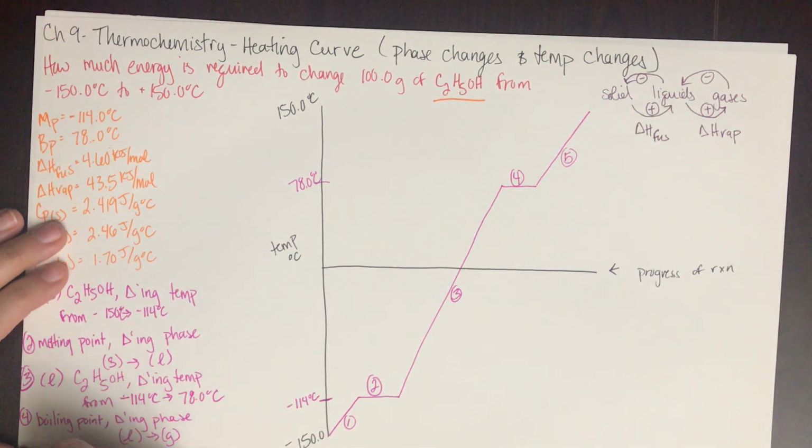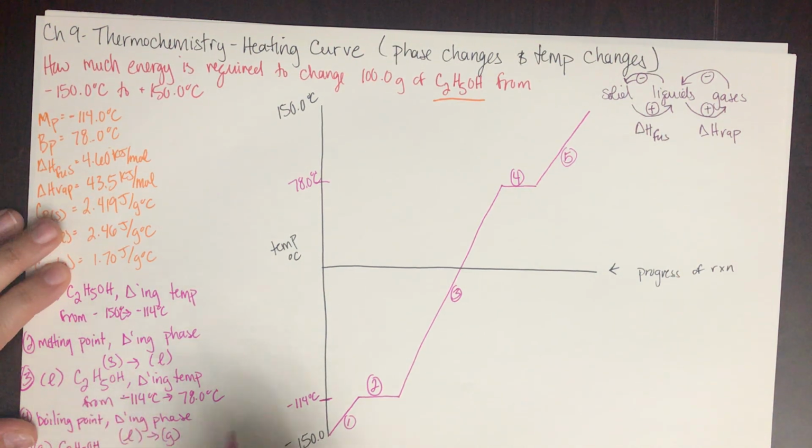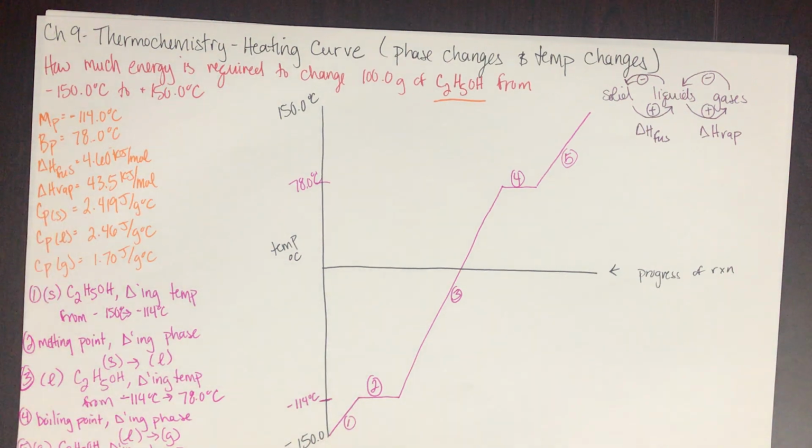What's happening at step 5 is we have gaseous ethanol, C2H5OH, and we are changing the temperature from positive 78.0 degrees Celsius to positive 150 degrees Celsius.